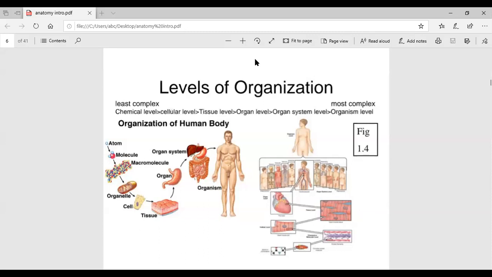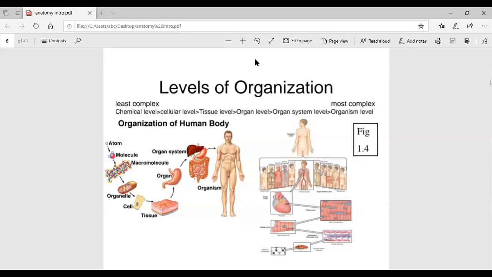For example, here we see that the stomach as an organ has been formed. And when many organs combine, they form an organ system. So likewise, we have 11 organ systems in our body. So can you see in this organ system, there is liver as an organ, stomach as an organ, intestines, small and large intestine, the pancreas.